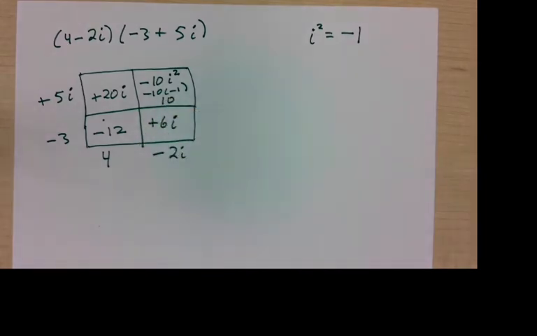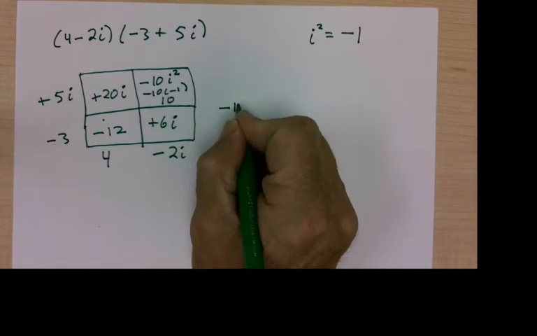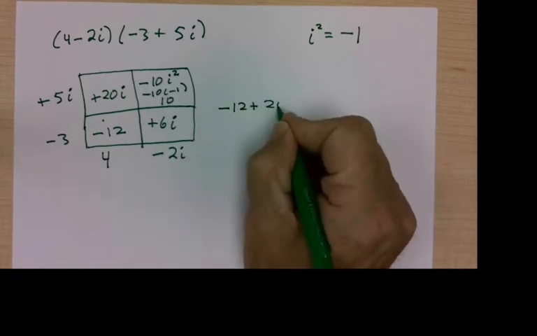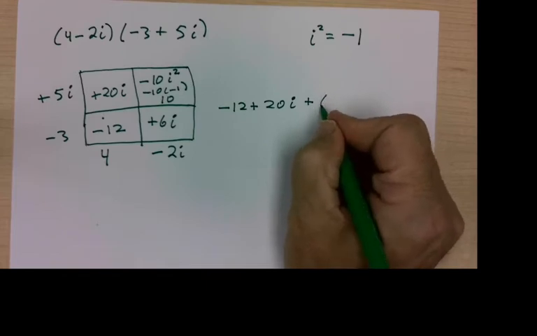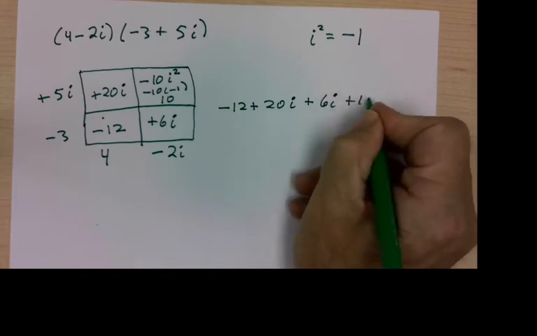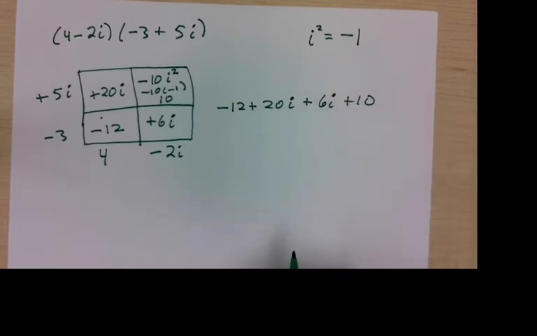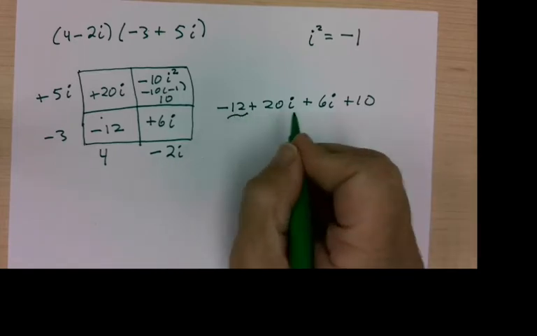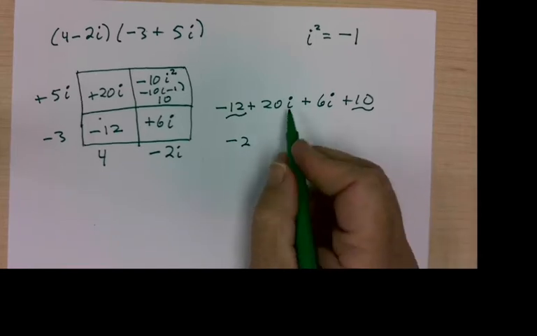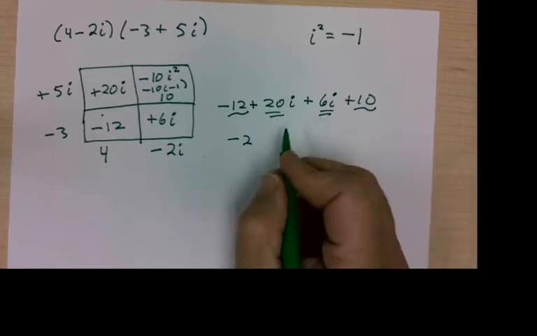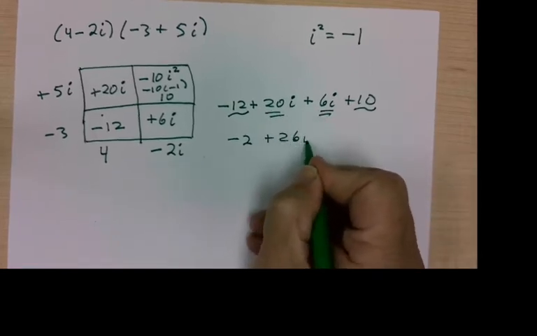So if I put all this together, I have negative 12 plus 20i plus 6i plus 10. And you can see, again, we have like terms to manage. The real part, negative 12 plus 10 is negative 2. 20i plus 6i would be 26i.